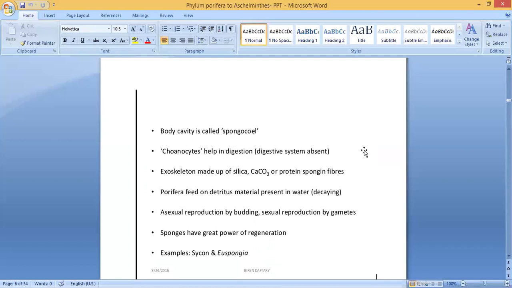We have a digestive system, respiratory system, excretory system. They have no tissues, no organs, no organ systems. So how will digestion take place? Which organ will help? It is helped by the choanocytes. Choanocytes help in digestion, so there is no digestive system.